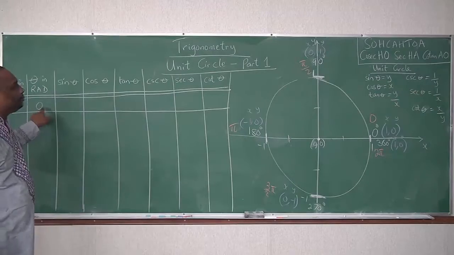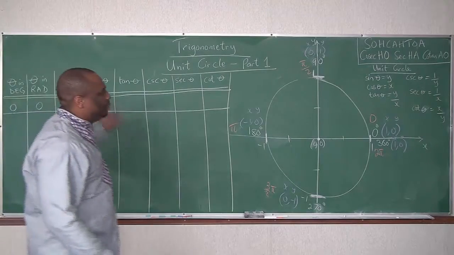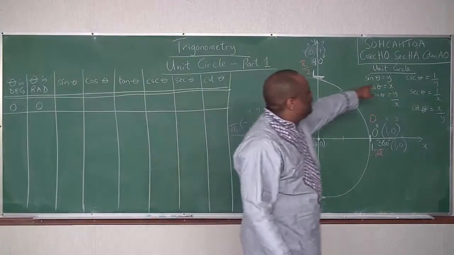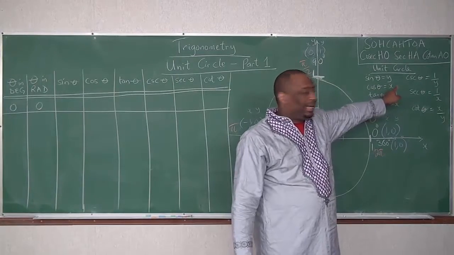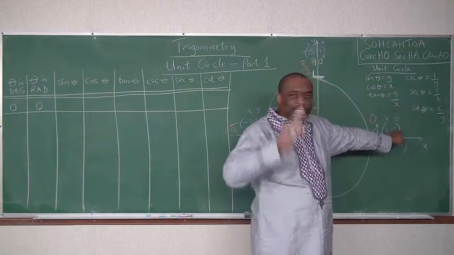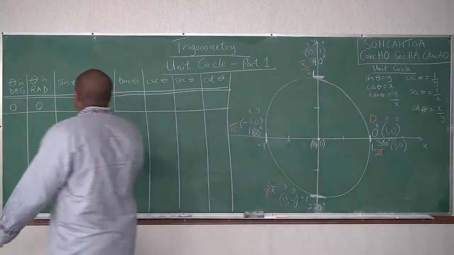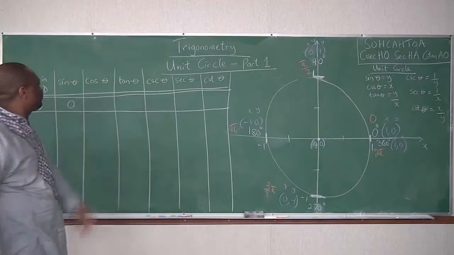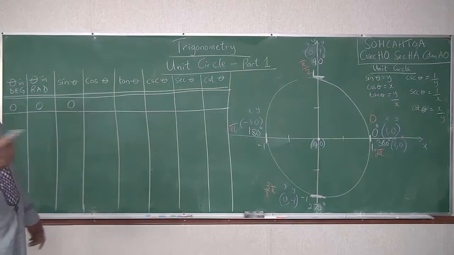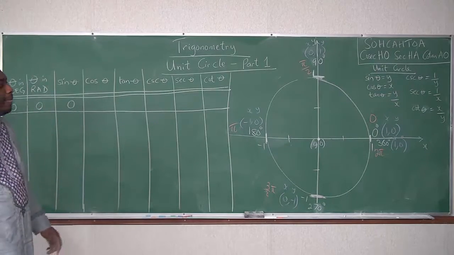Sine 0. Remember that sine theta is y, and this is y. You see, that's why I put xy. So sine 0 will give you 0, because sine theta is y.